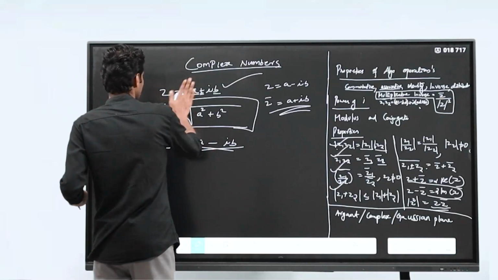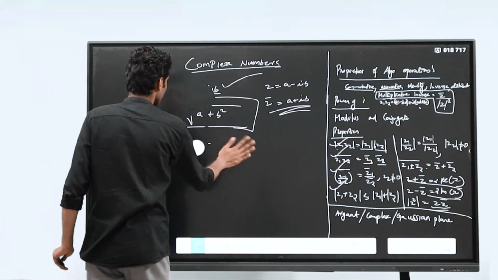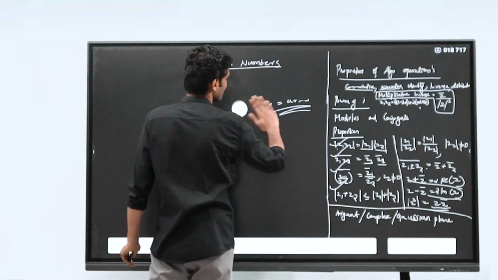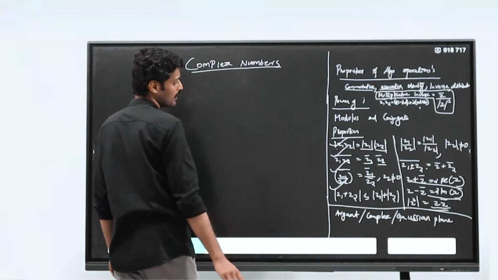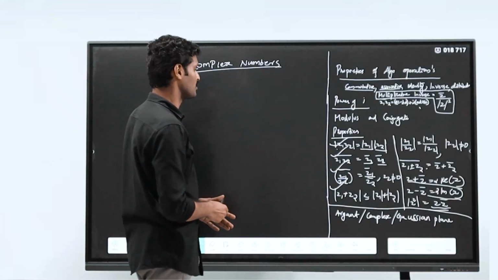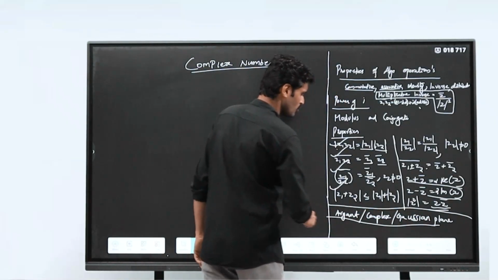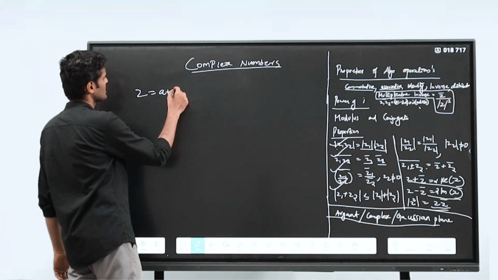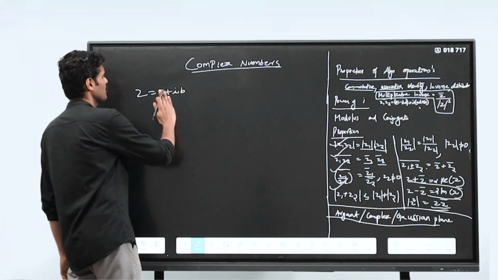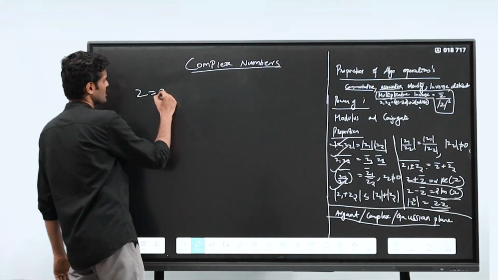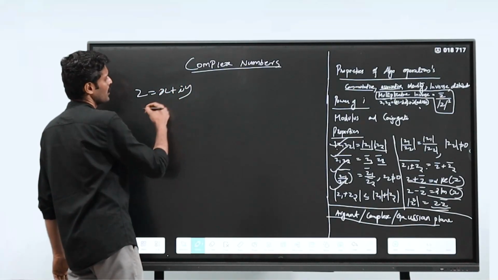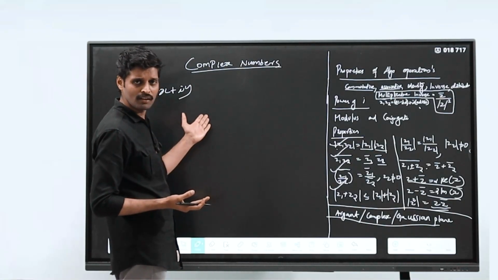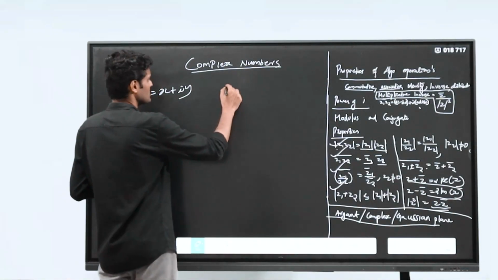Okay. So the next topic is how we can express a complex number in an Argand plane, or a complex plane, or sometimes we call it the Gaussian plane. So for a complex number z equal to a plus ib, or for example z equal to x plus iy, how are we expressing this complex number in an Argand plane?